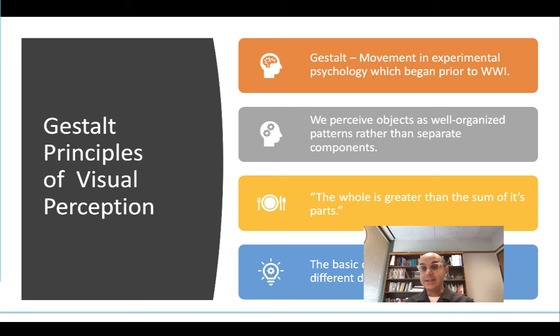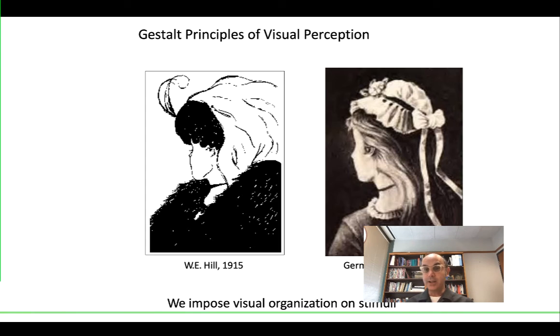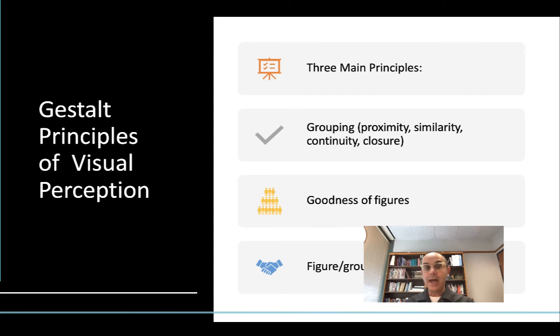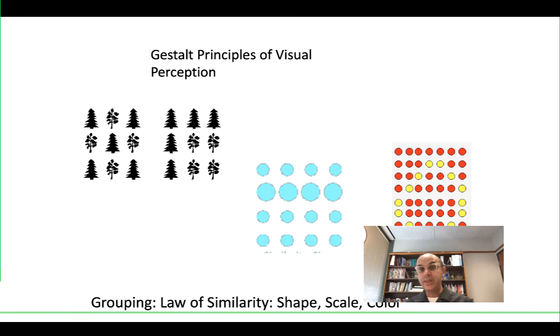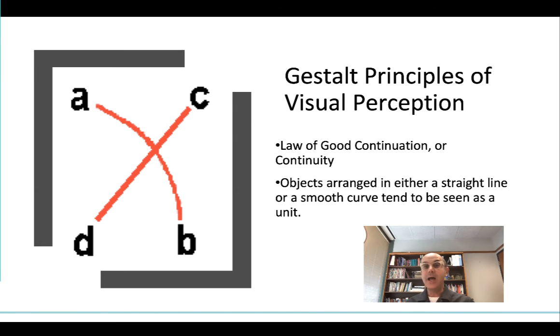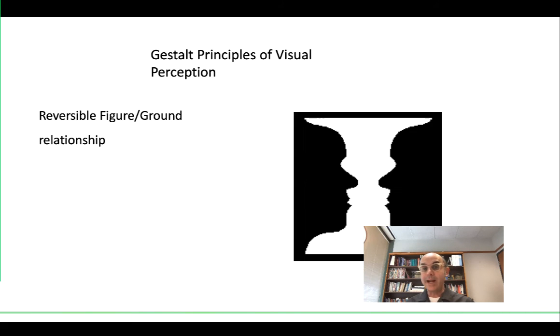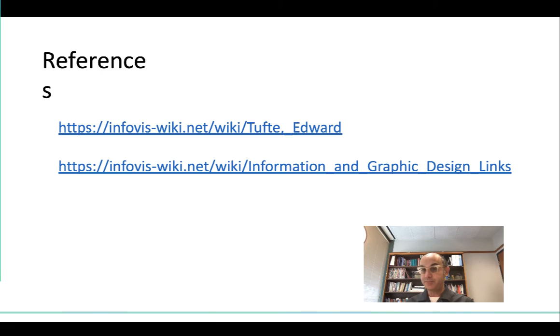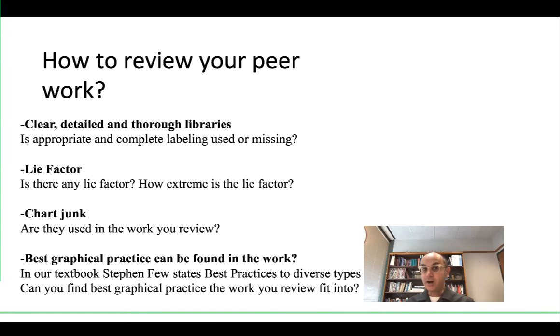So again, this is the issue of Tufte, and he came up with the idea of the Gestalt. And we talked about that at the beginning of the semester, how the Gestalt applies to the idea of the visual.